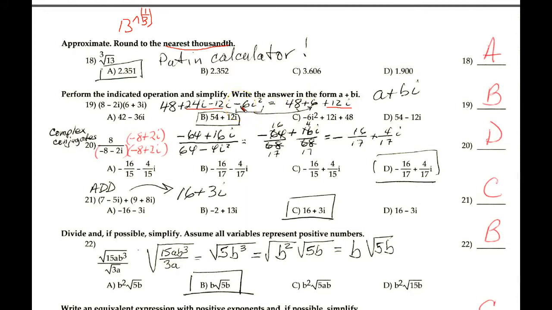Now we also know that i squared is a negative 1. So a negative 6 times a negative 1 gives me a positive 6 that I convert. And now add that to 48. And that then gives me 54 plus 12i.